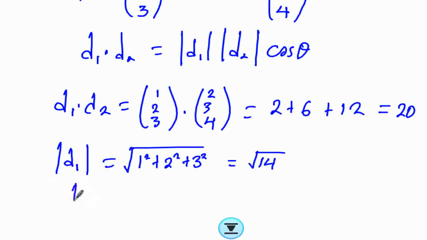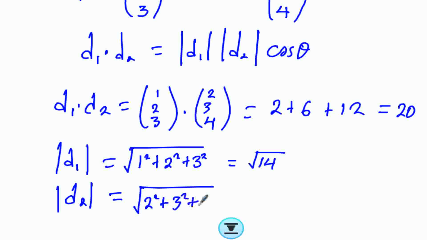Then d2, magnitude will equal the square root of 2 squared plus 3 squared plus 4 squared. So we have 2 squared, which is 4, plus 3 squared, which is 9, plus 4 squared, which is 16, which will give us 29.